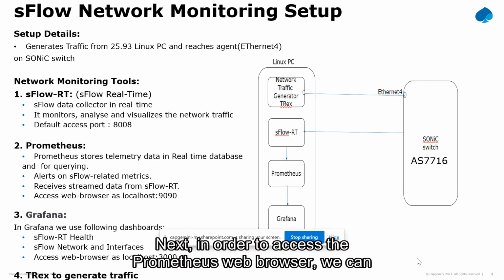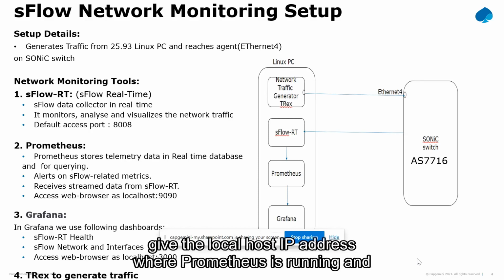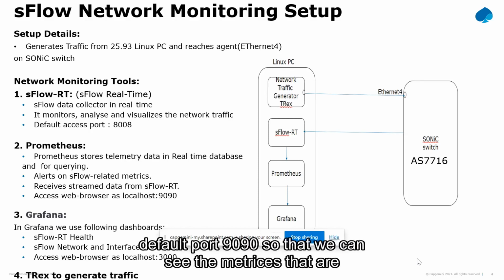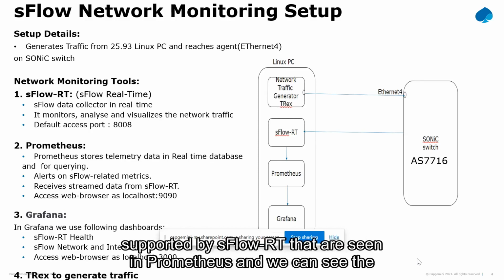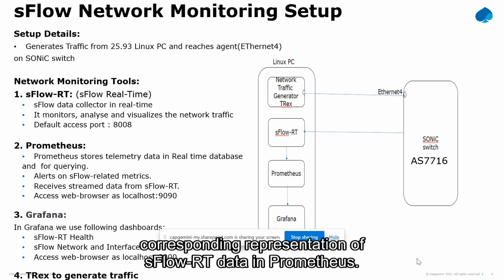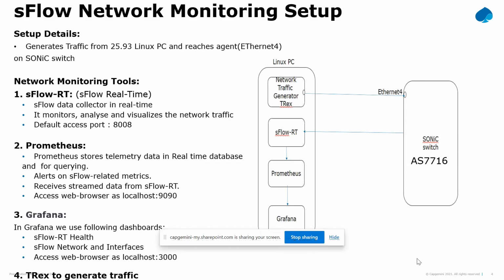Next, to access the Prometheus web browser, we can give the IP address where Prometheus is running and the default port 9090, so that we can see the metrics supported by sFlow, and we can see the corresponding representation of sFlow data in Prometheus.